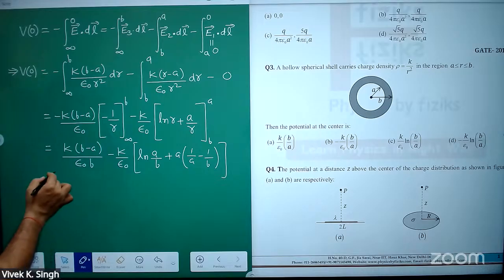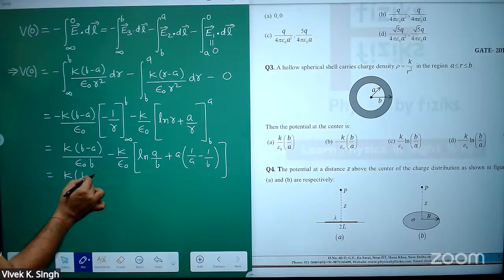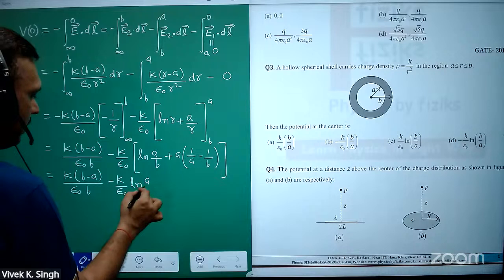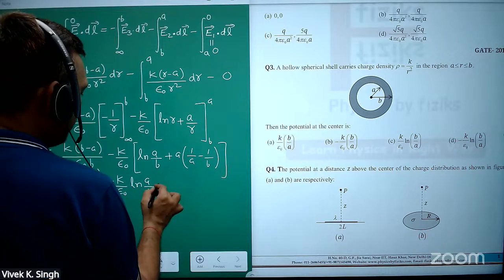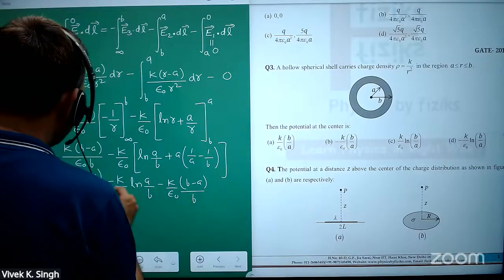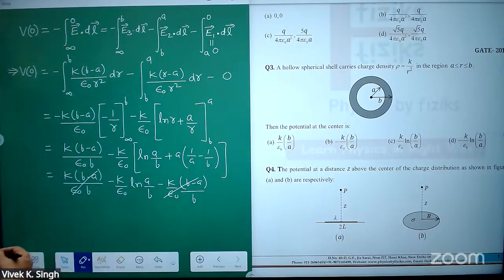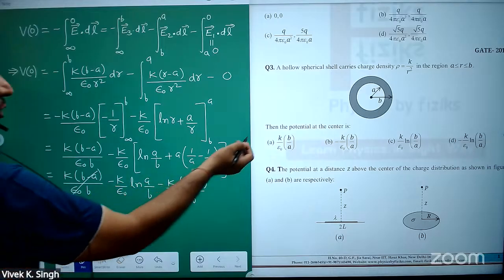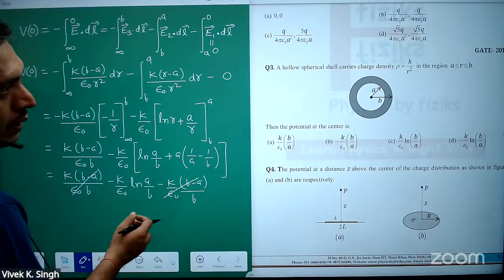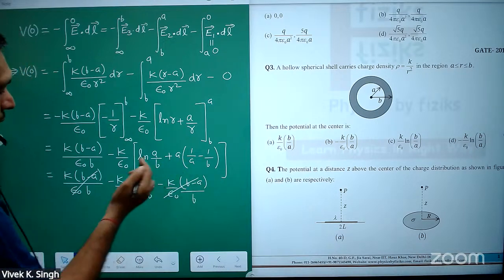Okay, so now this will give you K (B minus A) by epsilon naught B. This will give you minus K by epsilon naught ln A by B, and this is B minus A, minus K by epsilon naught (B minus A) by B. So just see, this will cancel out, and you will get K by epsilon naught ln, because you have to write in terms of B by A. So what will be the B by A value? K by epsilon naught ln B by A.